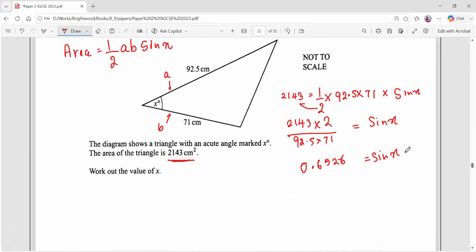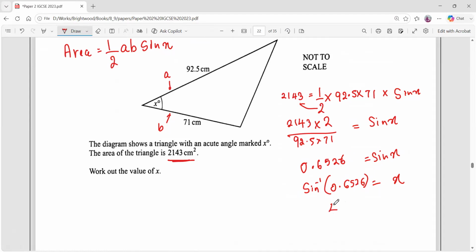If sin x is given, you can use the calculator with the shift key. In your scientific calculator, with the sin there is a shift key. Using that, you can find the inverse. So x should be equal to sin inverse of 0.6526.